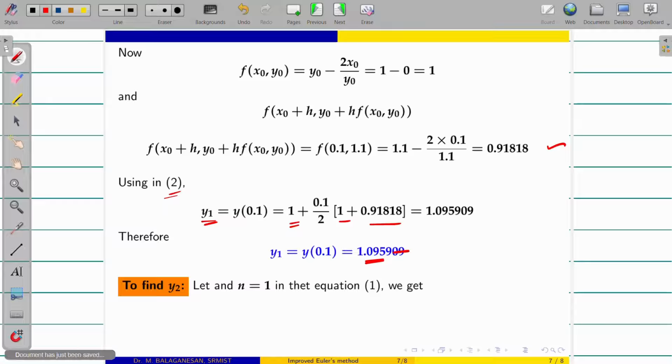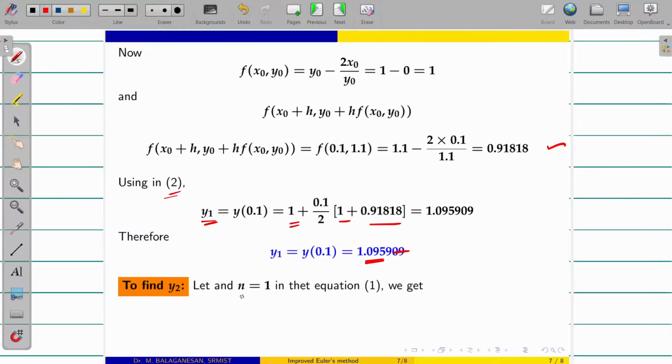Up to 4 decimals is enough, guys. Particularly if they mention up to 5 decimals or 6 decimals, you can find it like that, or else by default we can fix up to 4 decimal places for this particular one. For the next chapter, only 1 decimal is enough. I will explain why by that time. Well, we are discussing that problem. Here up to 4 decimals is enough, guys.